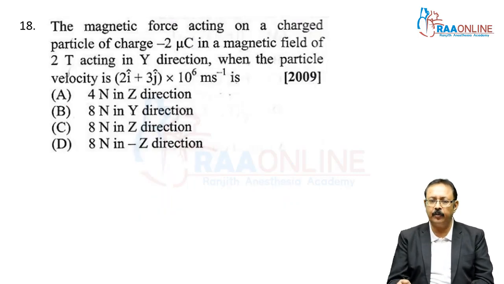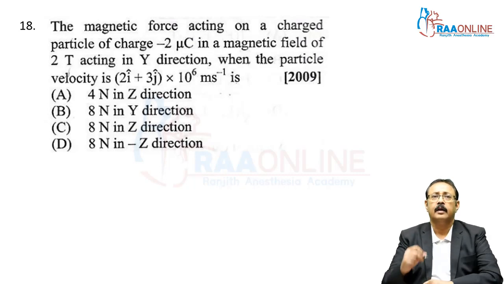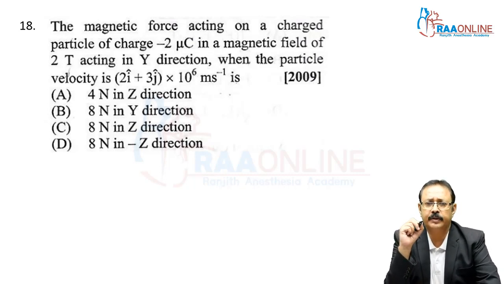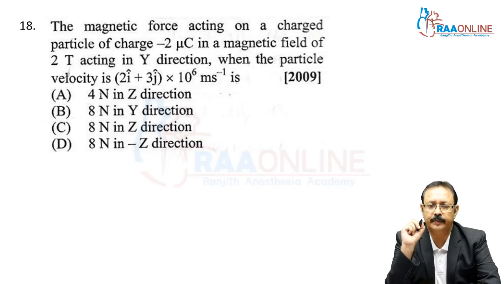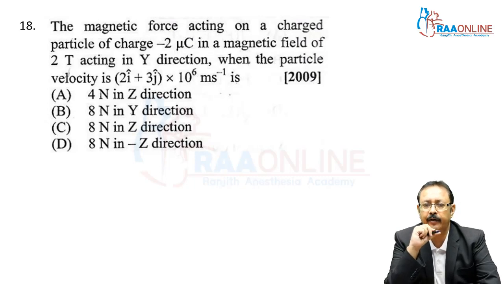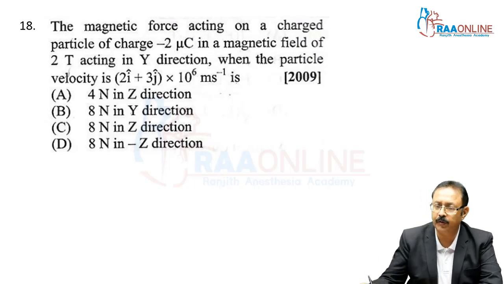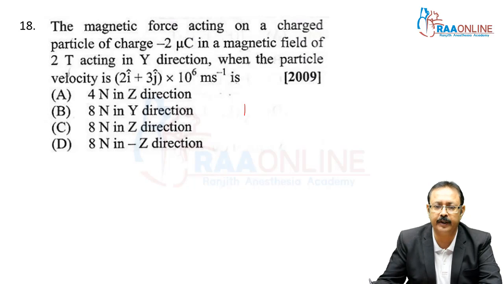Next, it is from 2009 AIPMT. The magnetic force acting on a charged particle of charge minus 2 microcoulomb in a magnetic field of 2 Tesla acting in y direction, when the particle velocity is this, is, we know that force can be calculated by the formula q into v cross b.